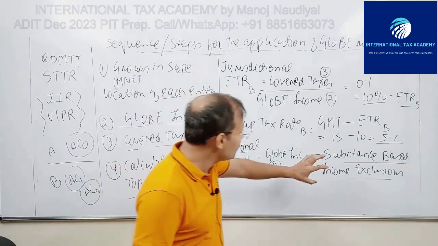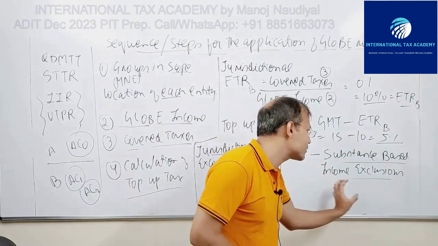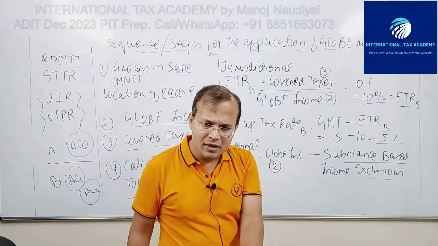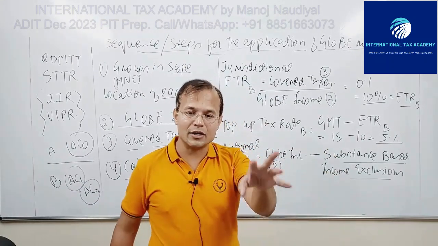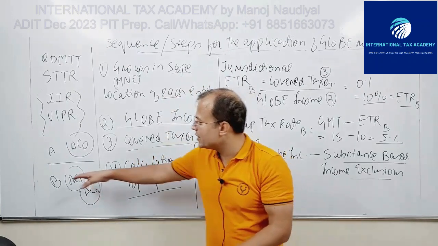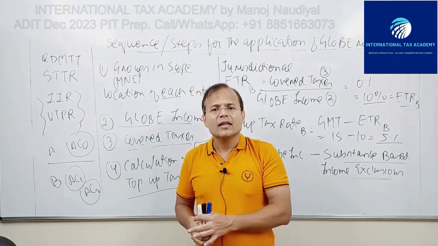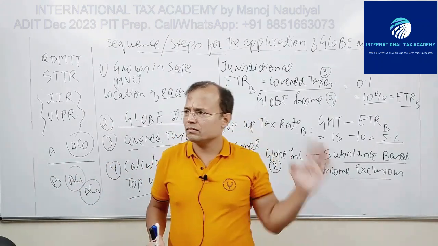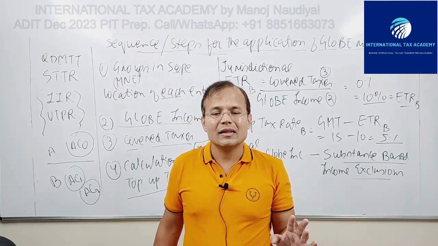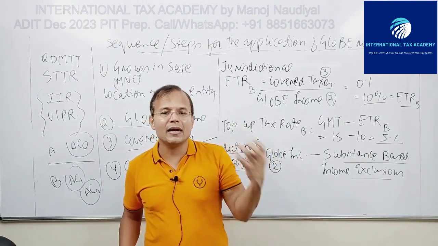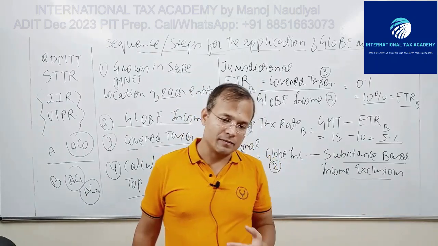But then you are making certain exclusions. What is the rationale? The rationale is when you have tangible assets and when you have payroll, that is you have real employees working in ACO 1, ACO 2 in these companies in B, then there are very few chances that the group would be indulging in base erosion and profit shifting.